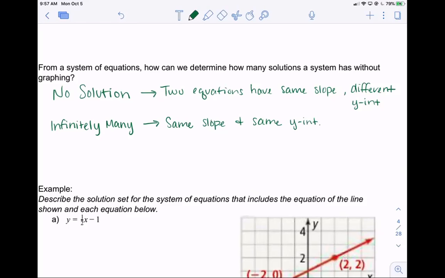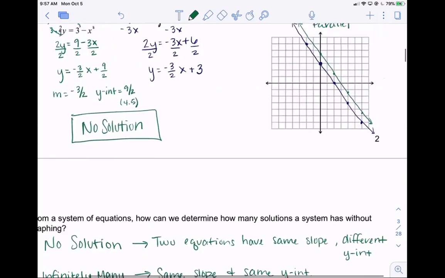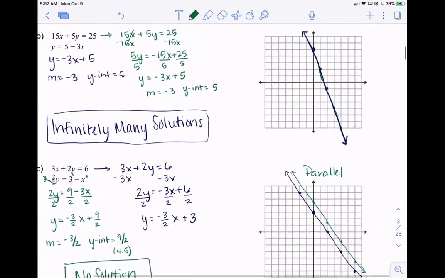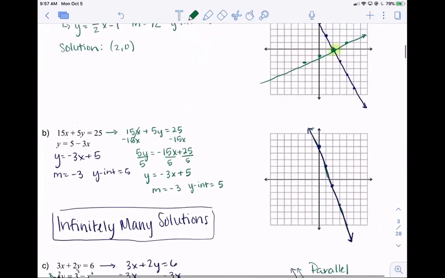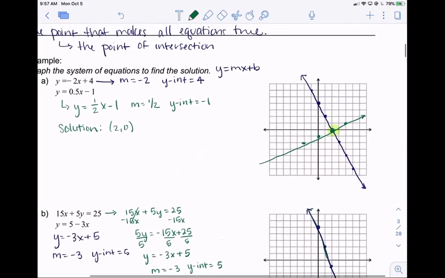Okay. And then our other options, we had no solution, infinitely many solutions, or what was the third option? We had no solution, infinitely many solutions, or a solution. Okay, so just one.